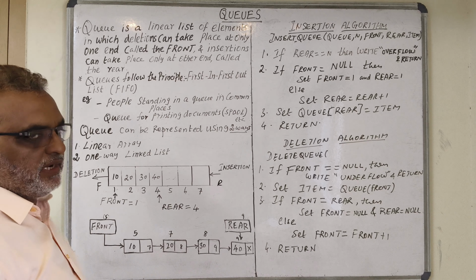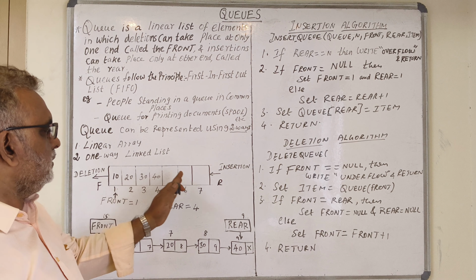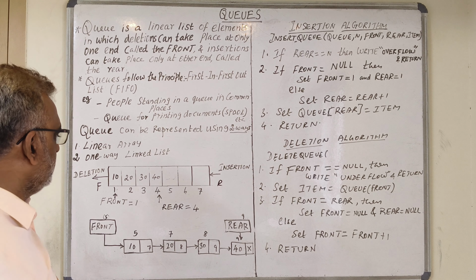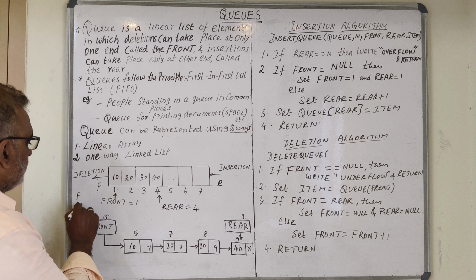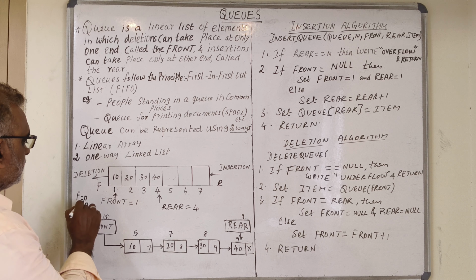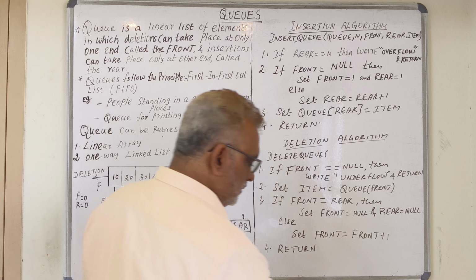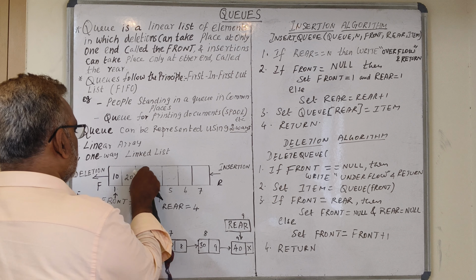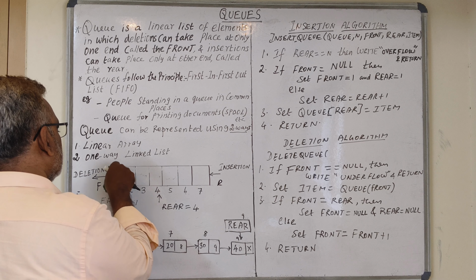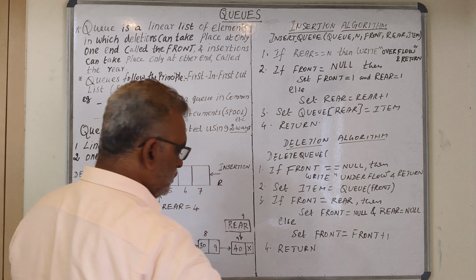So initially, when the queue is empty, the front value and the rear value will both be equal to 0. For example, let us consider the queue does not contain any element. Now we are going to enter values.